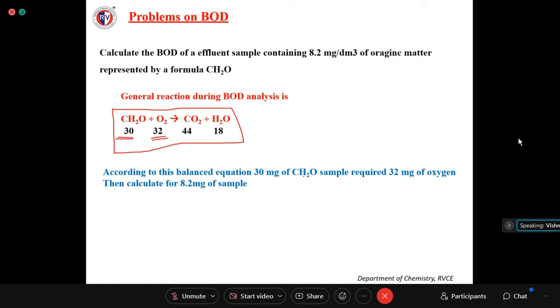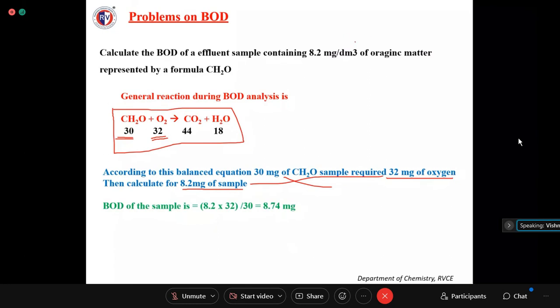30 milligram of CH2O sample requires 32 milligrams of oxygen. Then for 8.2, how much? Just cross multiply. 8.2 into 32 by 30, that is 8.74 milligrams of oxygen required. That is the BOD, because it is clearly mentioned here, 8.2 milligram per dm cube.